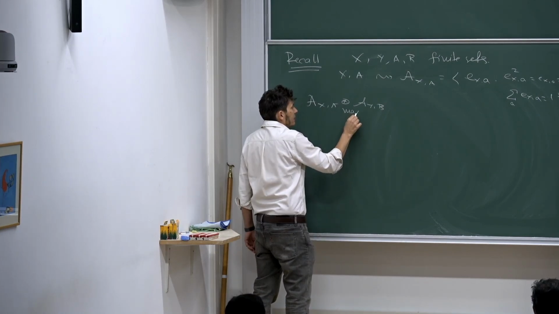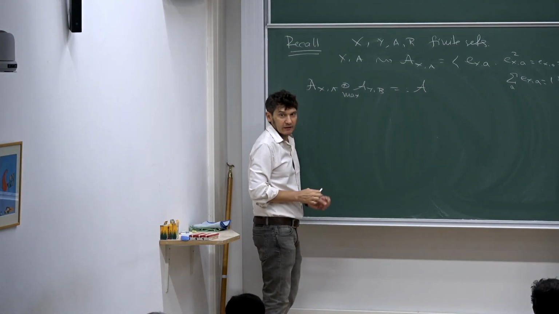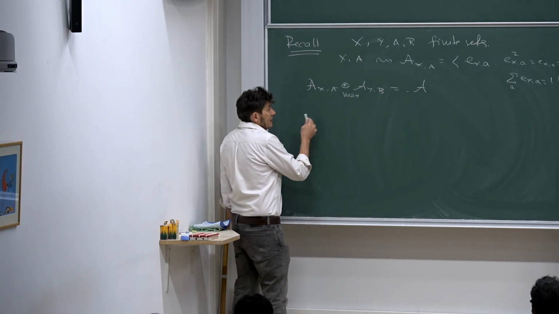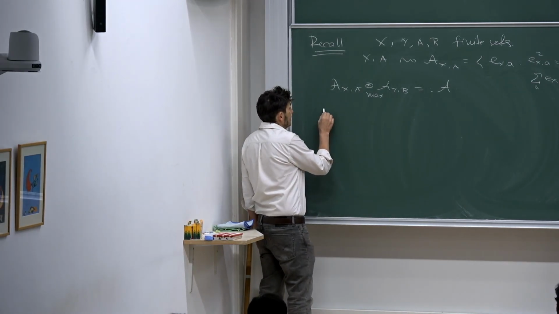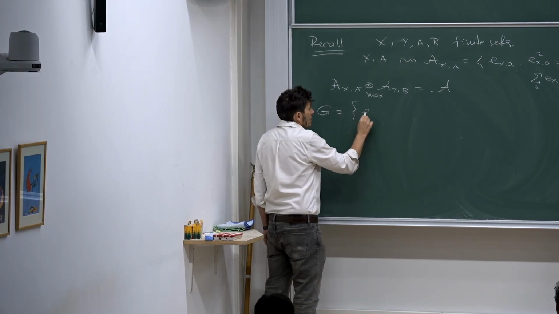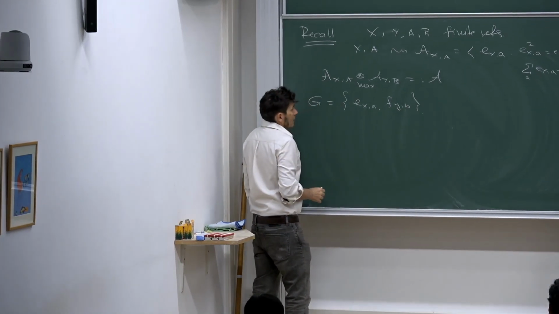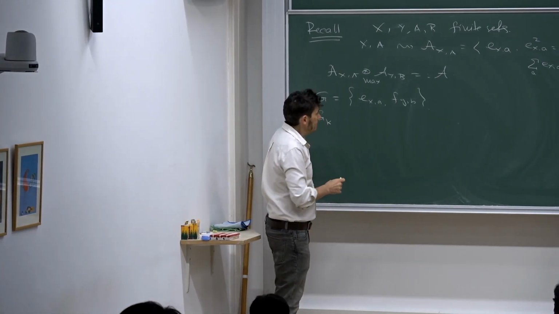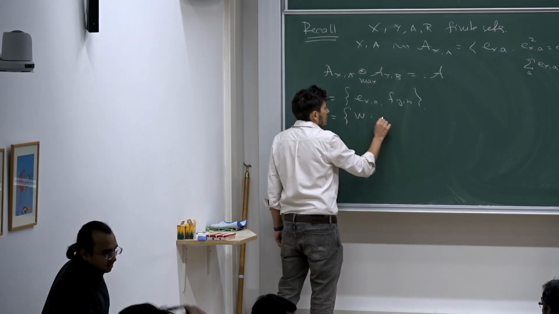Let me call this capital A for this part, the NPA hierarchy that I want to do. A word is built from the generators G, which are all the E_{xa} and all the F_{yb}. Then G_k will be the words of length at most k on those generators.